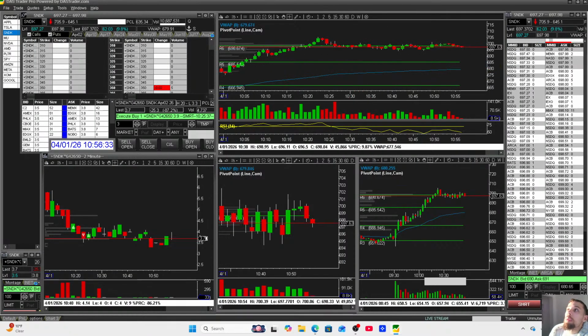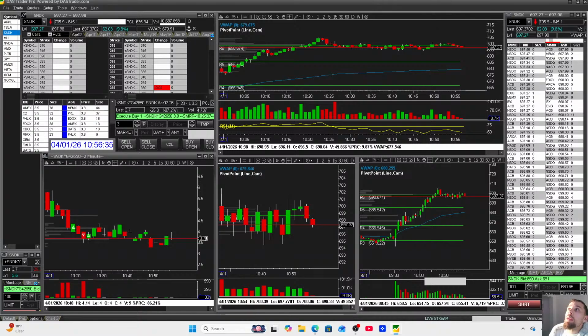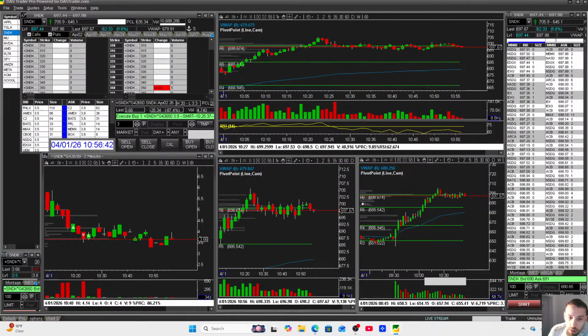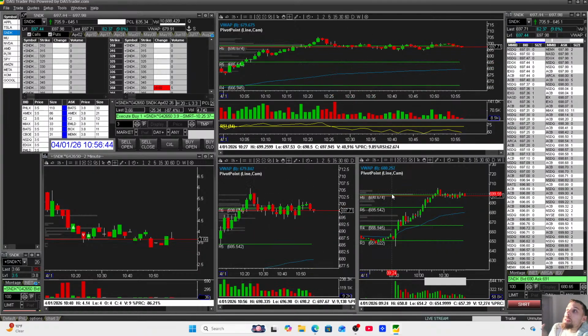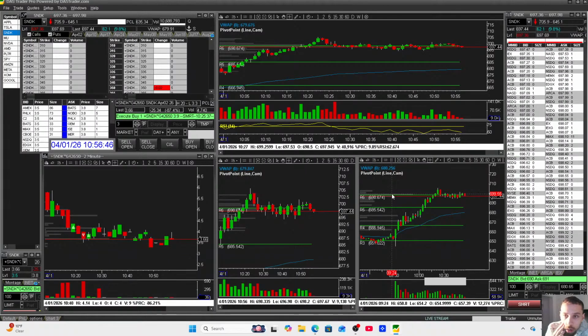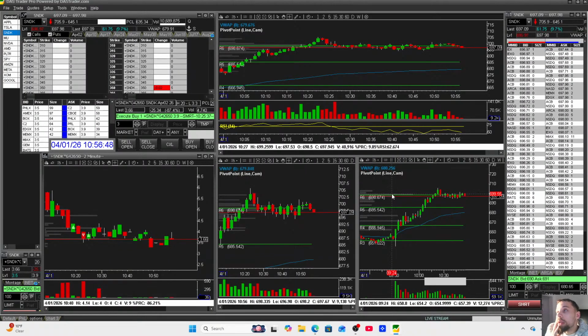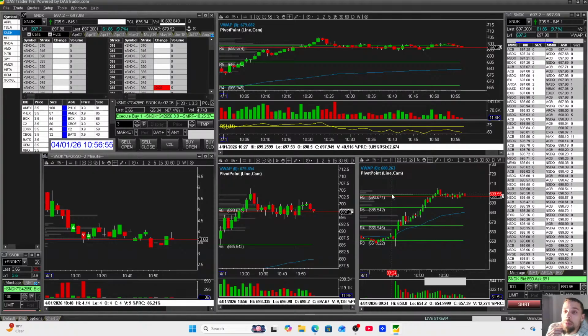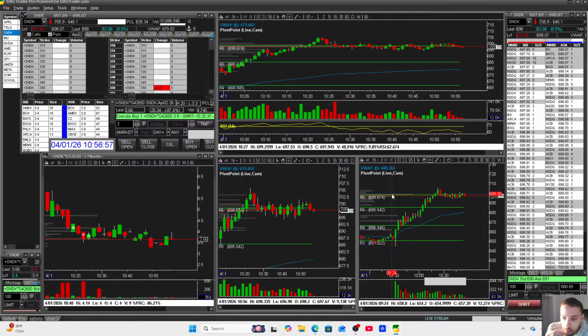Those orders just came out of nowhere. 705 has a decent order. Prices tend to gravitate towards these big liquidity orders waiting to get filled, so I wouldn't be surprised if this makes its way up here relatively soon.